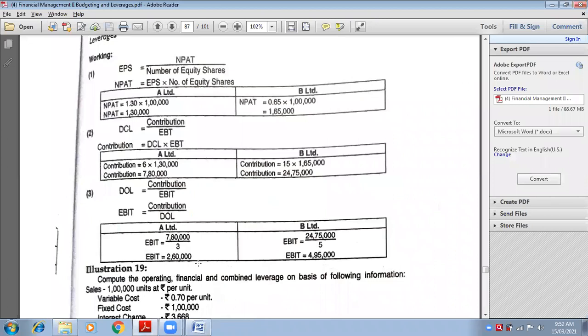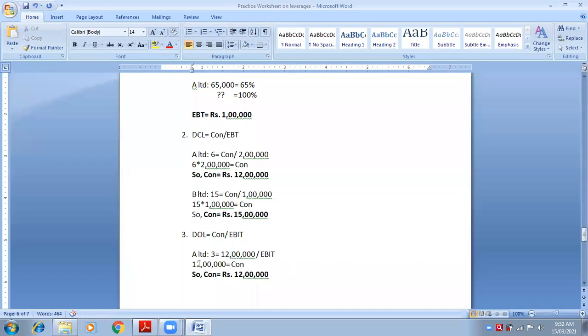DCL and DOL figures are different. Okay, they are found out. No problem. So here, 3 is equal to 12 lakhs divided by EBIT.